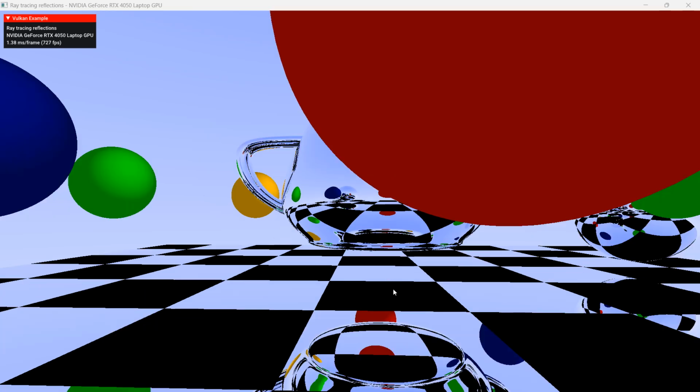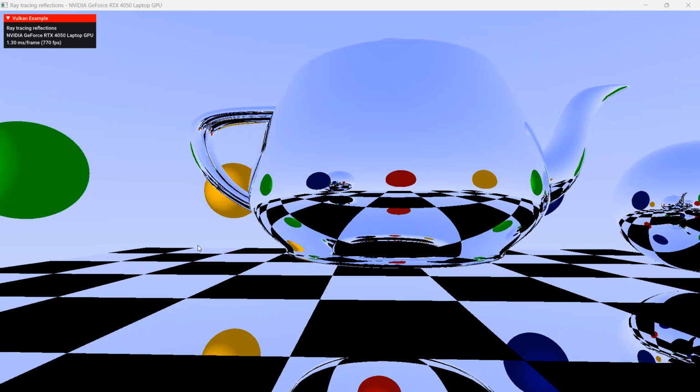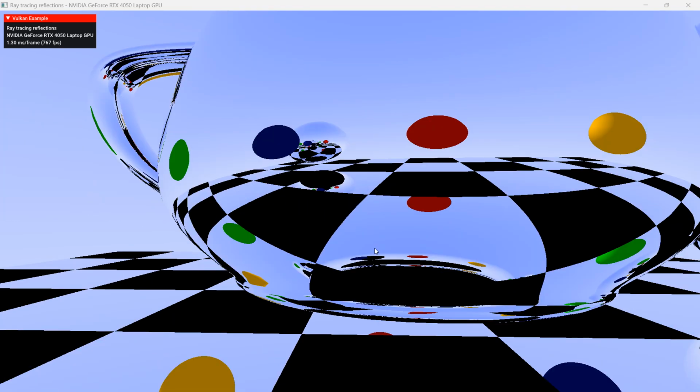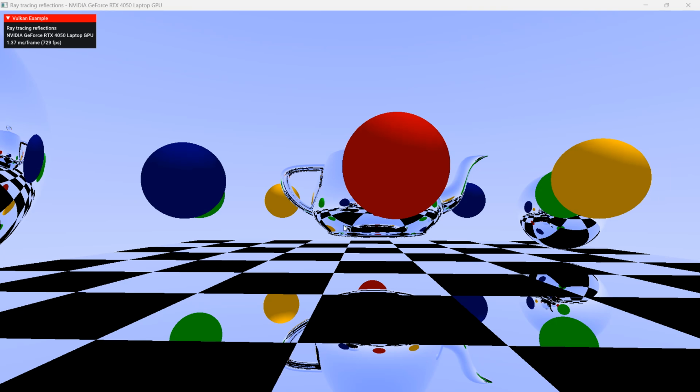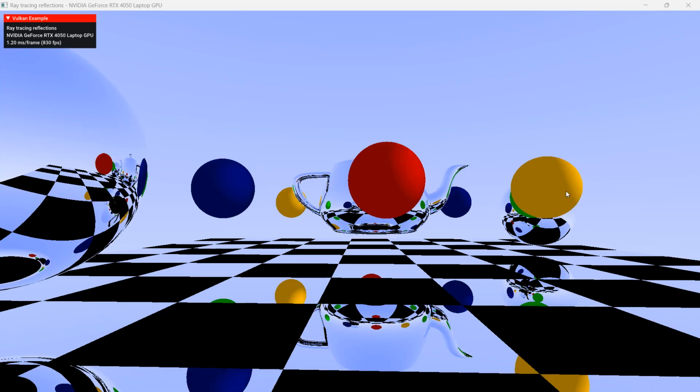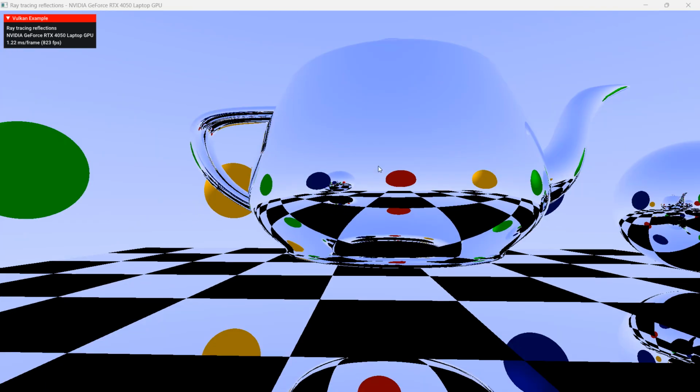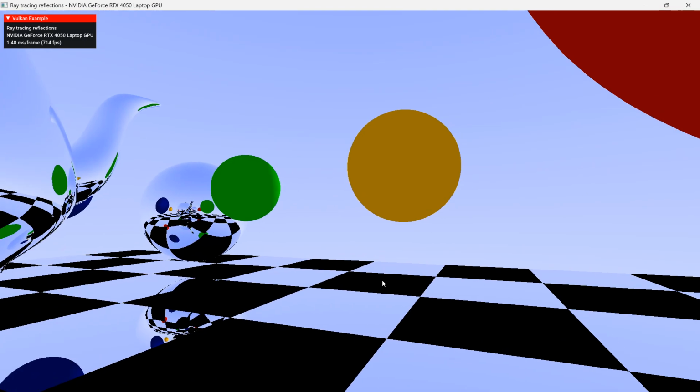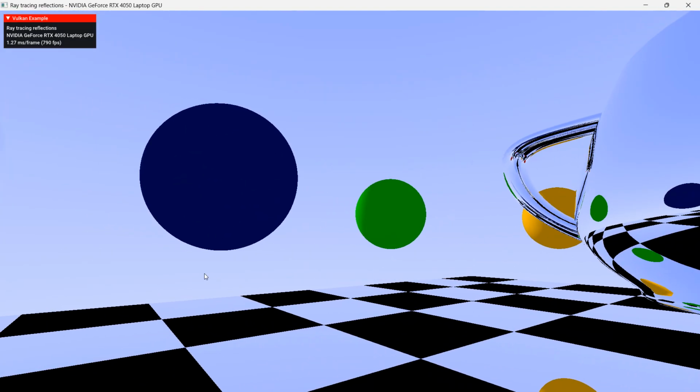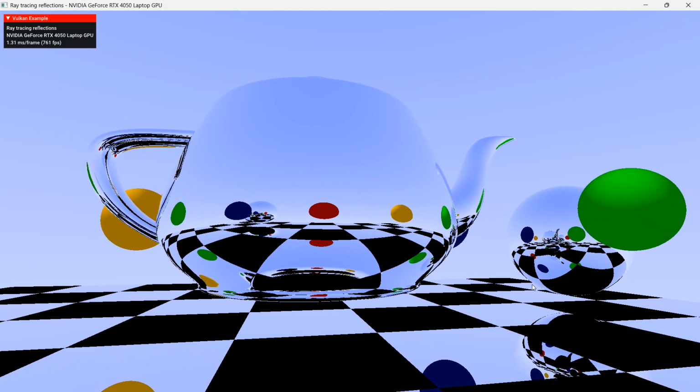All right, so we can see that we have a light source that's bouncing around. We see reflections on the spheres, and of course we see a mirrored reflection on the teapot, right? It's important to really look at this scene and understand what's going on. It's fairly obvious.